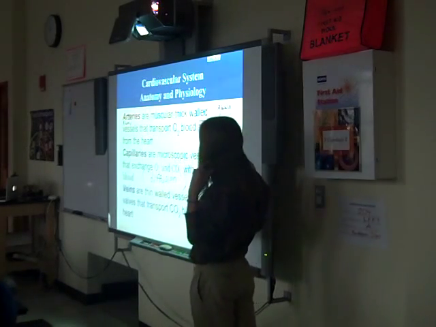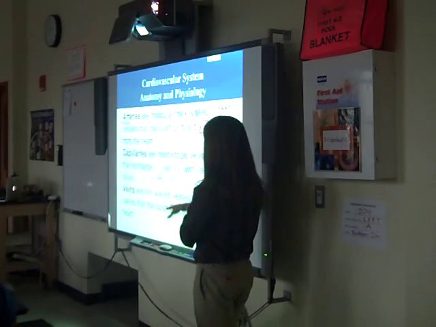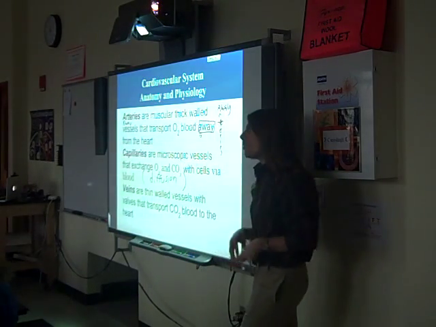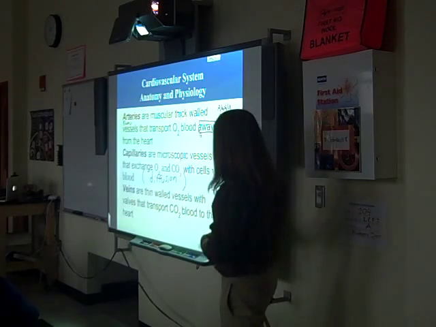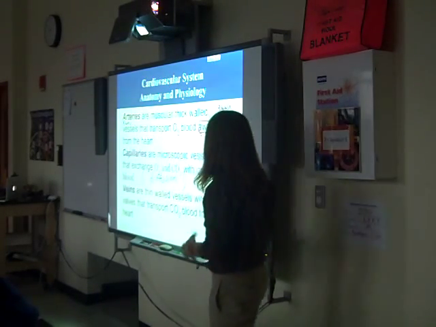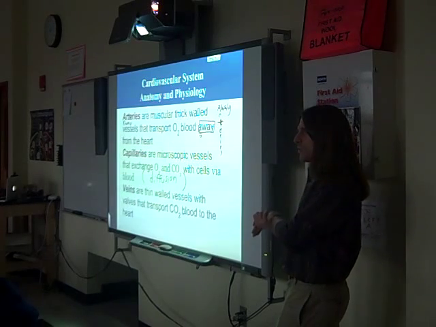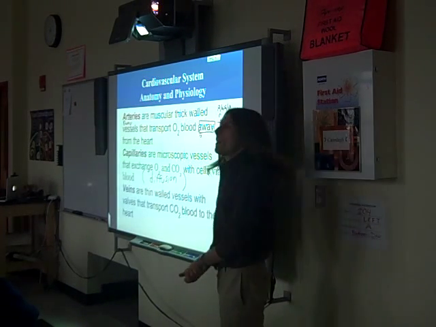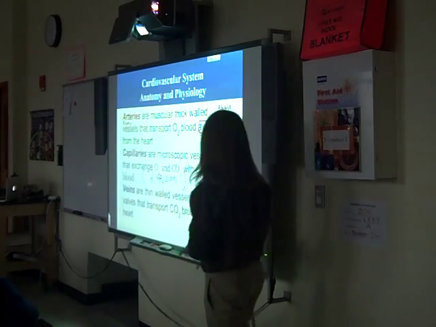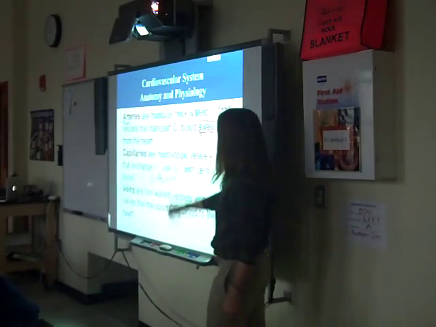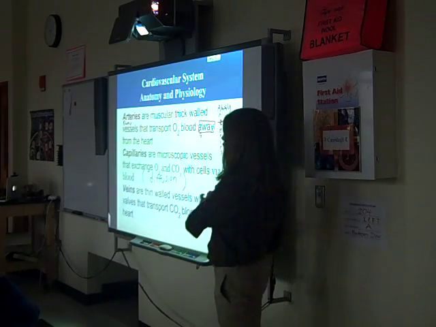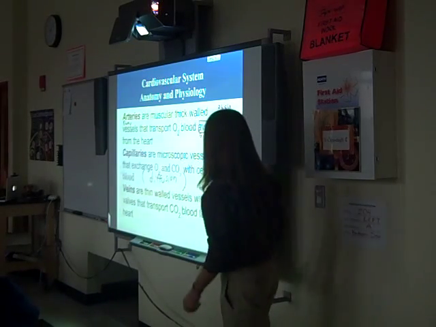And unlike our arteries, our veins are not transporting oxygen away from the heart, but they're transporting deoxygenated blood that is rich in CO2, to the heart. And of course, CO2 stands for? Carbon dioxide. Carbon dioxide, great. So note here that, again, arteries take blood away, whereas veins always take blood to the heart.